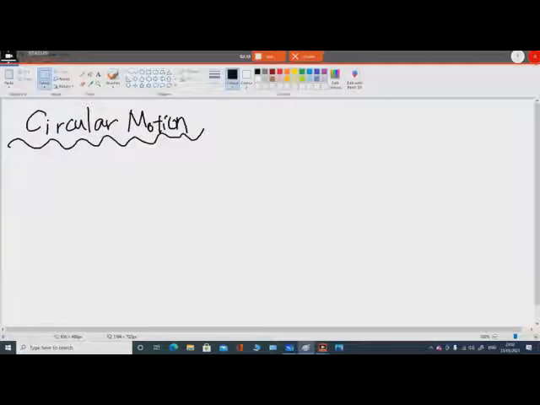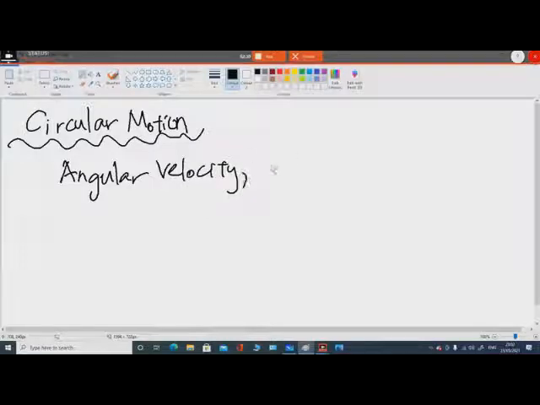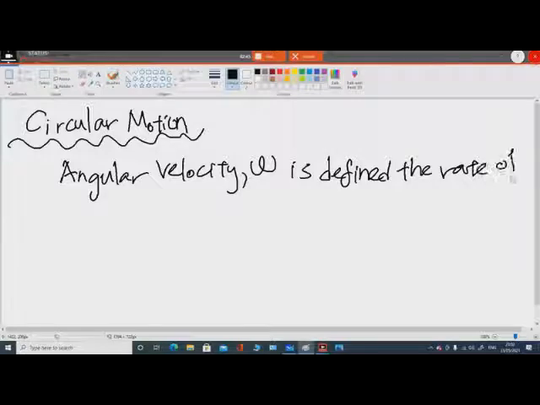Okay, so what is the true definition of angular velocity? Angular velocity, also known as omega, is actually defined as the rate of change in angular displacement.